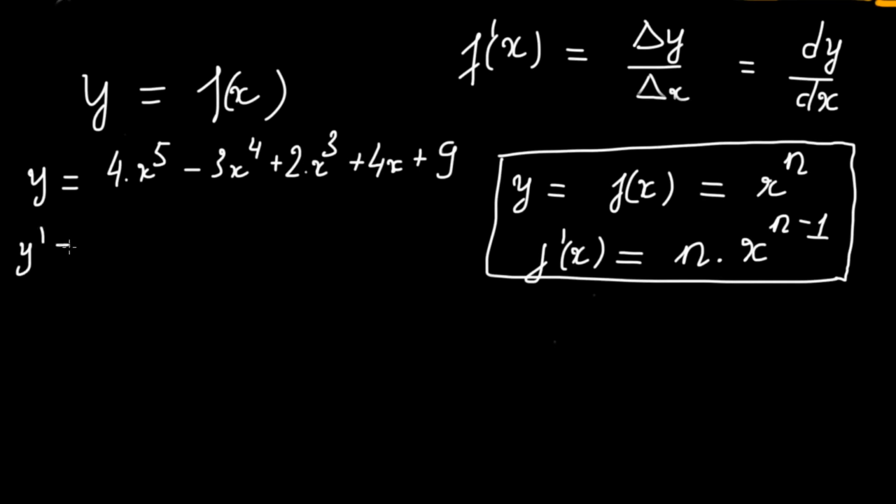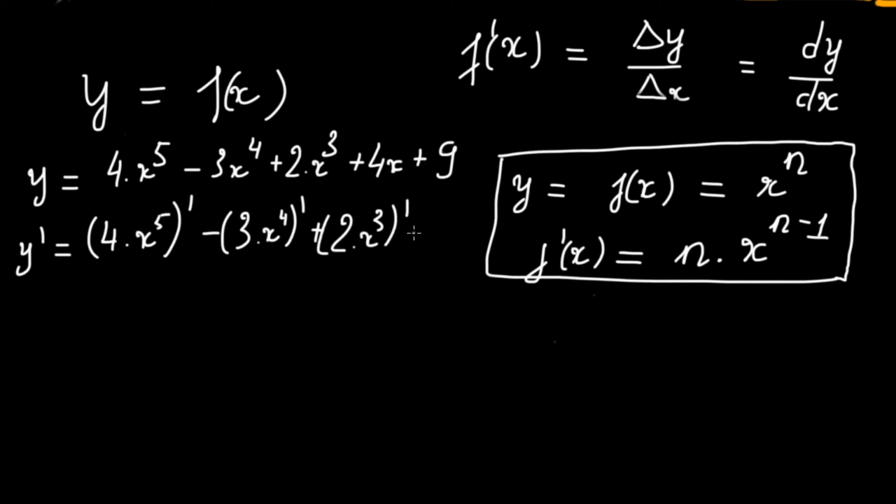So y prime should be equal to 4 times x to the 5th prime minus 3 times x to the 4th prime plus 2 times x to the 3rd prime plus 4x prime plus 9 prime. The prime here means dy over dx, with respect to the x value, right? And it equals 4 times x to the 5th prime.